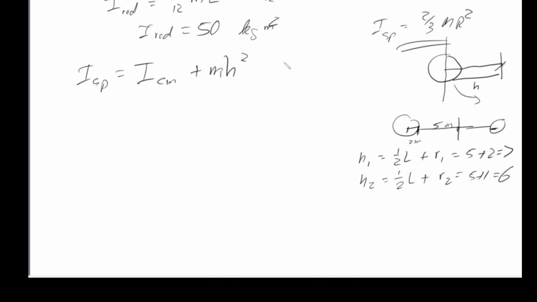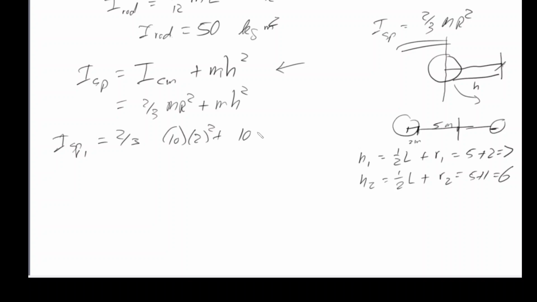So now we can go back to our parallel axis theorem to solve for the sphere. So this becomes 2/3 mr squared plus mh squared. So the I for sphere 1 is equal to 2/3 times 10 times 2 squared plus 10 times 7 squared, which, if you go through the calculations, comes out to be 516.7 kilogram meter squared.